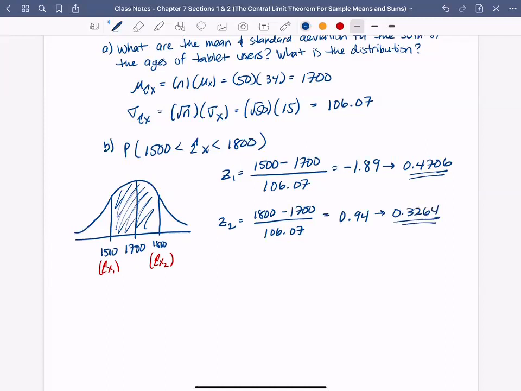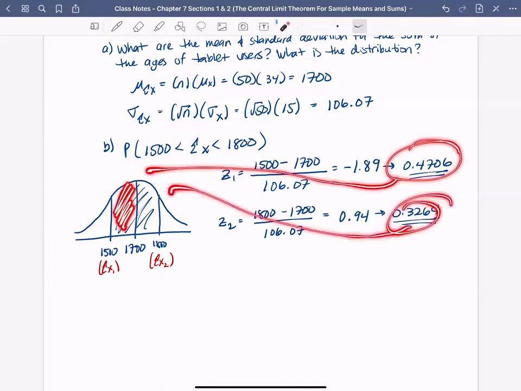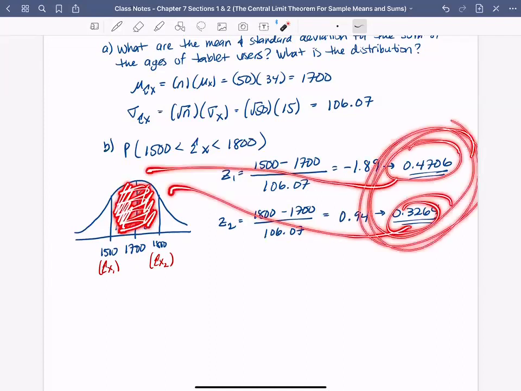So the question now is, what do we do with these two probabilities? Well, remember, if we have this one is that, and this one is here, we want both of them. So we're going to add these values together.